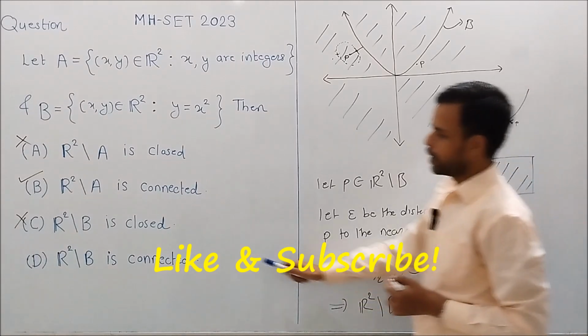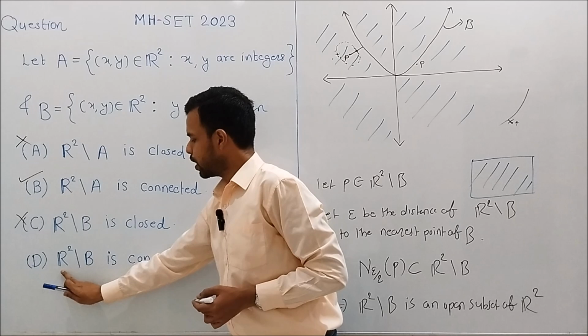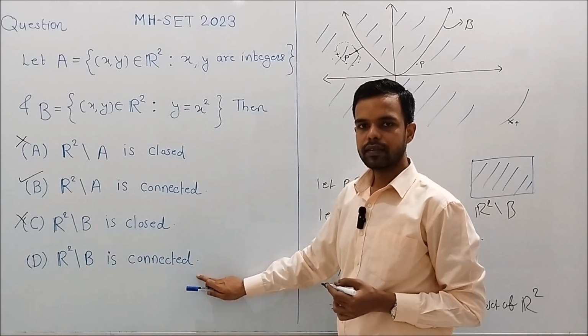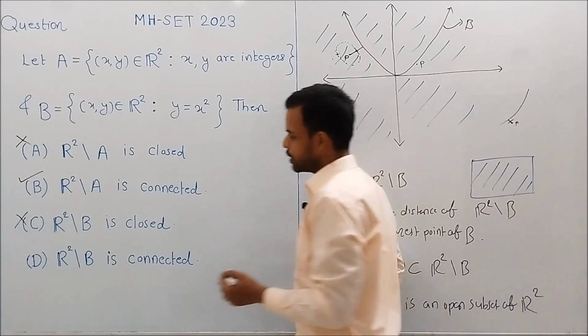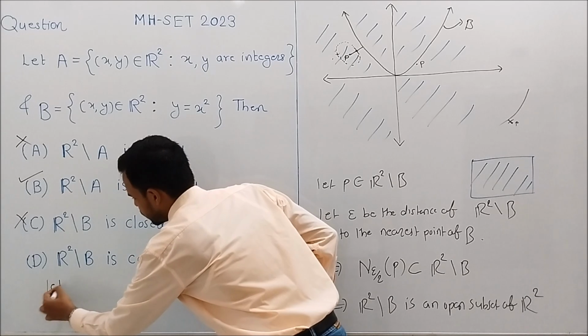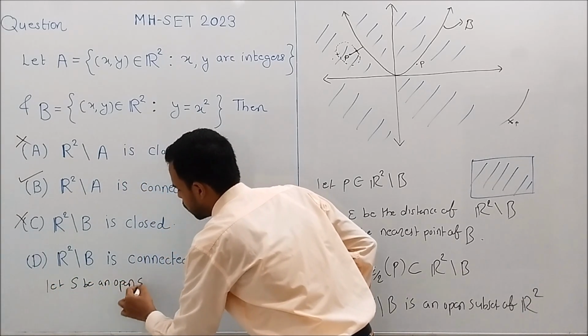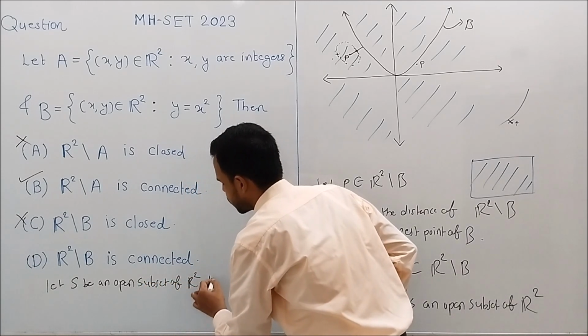Now let's move to the statement in D. The statement in D is that R2 minus B, the complement of B in R2, is connected. Is this a true statement? No, this is also a false statement. To see it, we note a result: let S be an open subset of R2.